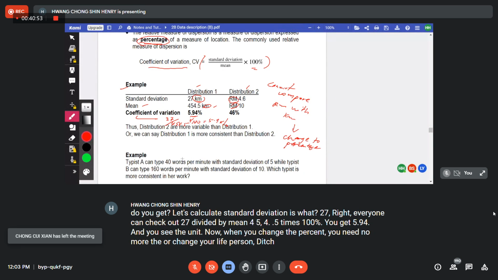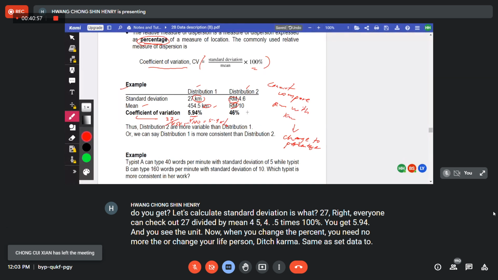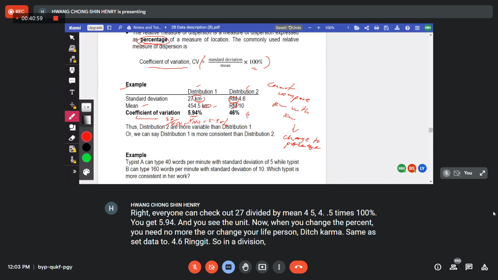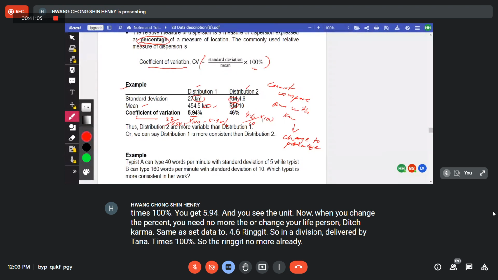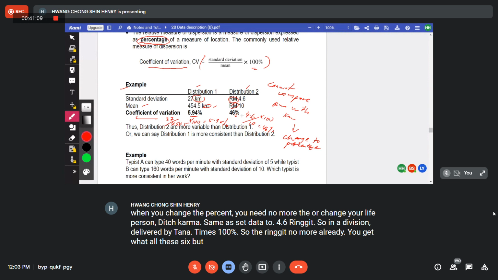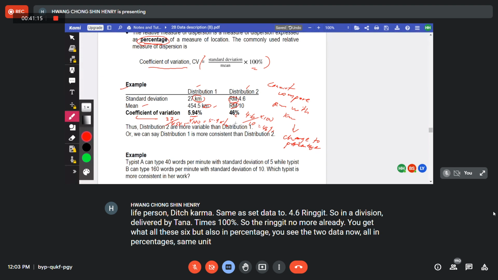Percentage. Correct or not? Same as set data 2: 4.6 ringgit standard deviation, you divide by 10 times 100%. So the ringgit is no more. You get 46%. Also in percentage. You see the two data now are all in percentage, the same unit. When it is the same percentage, you can compare.